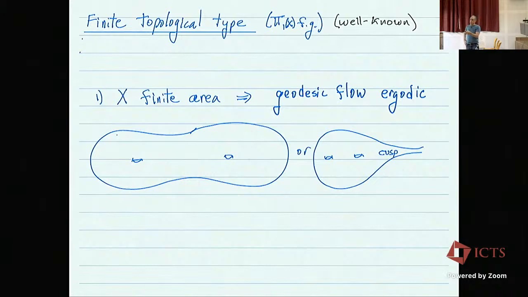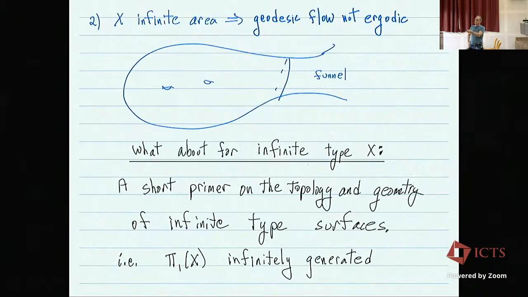The other possibility is that you have a finite topological type surface and it has infinite area. That means it has a funnel, at least one funnel. Okay, it looks like this, say. Well, now this escape route analogy really does work. You can see there's lots and lots of escape routes.